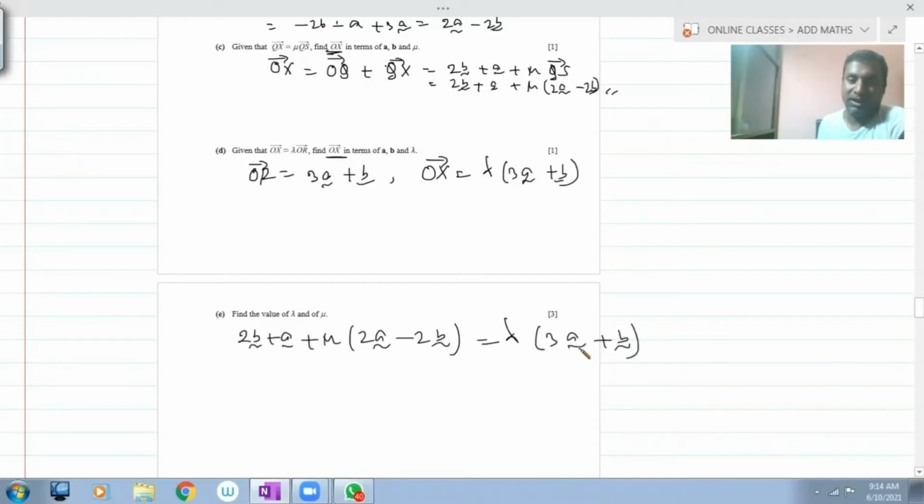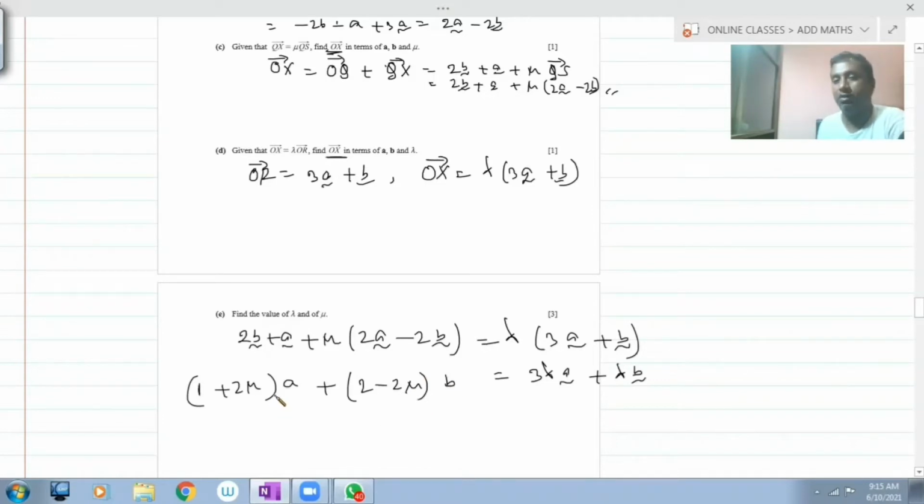Let us separate a's coefficient and b's coefficient. On the right side, a's coefficient is 3 lambda and b's coefficient is lambda. On the left side, a's coefficient is 1 plus 2 mu, and b's coefficient is 2 minus 2 mu.